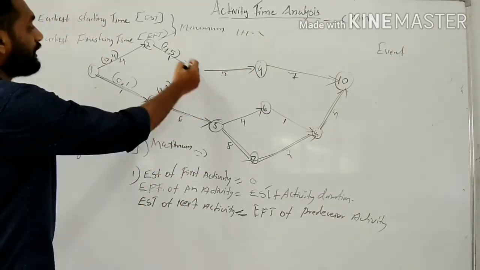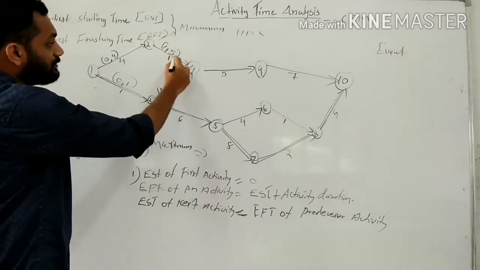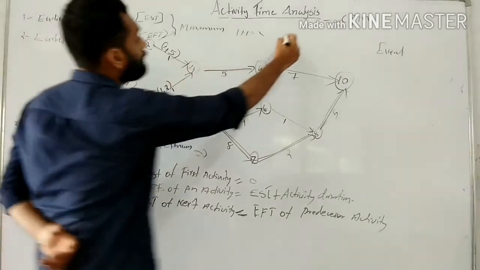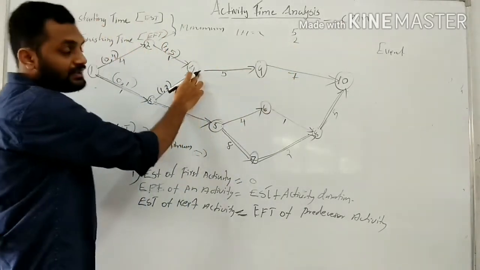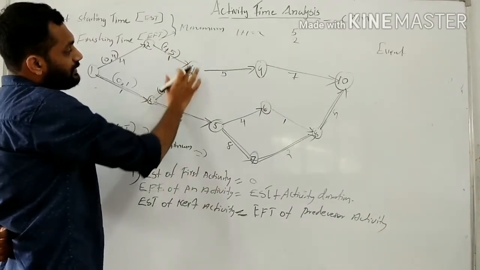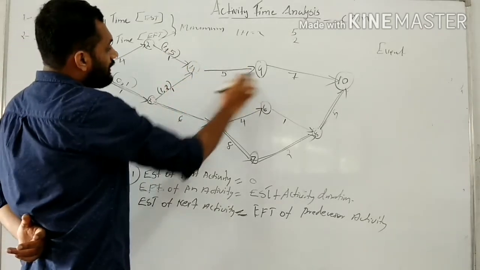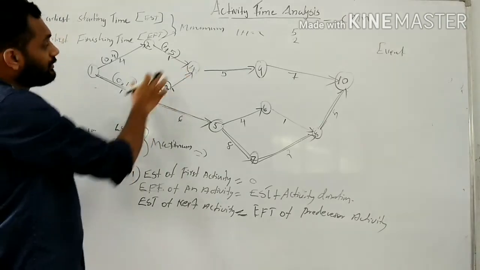So we have two ESP, that is 5 and 2. When we take the EFT of the predecessor activities, there are two predecessor activities for 4 to 9, that are 2 to 4 and 3 to 4.